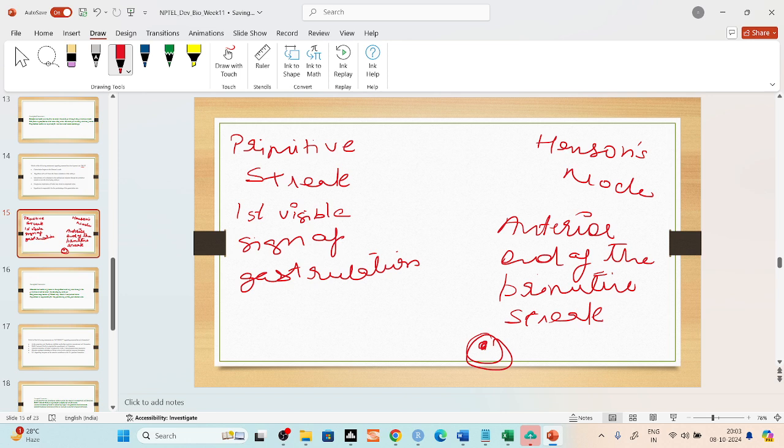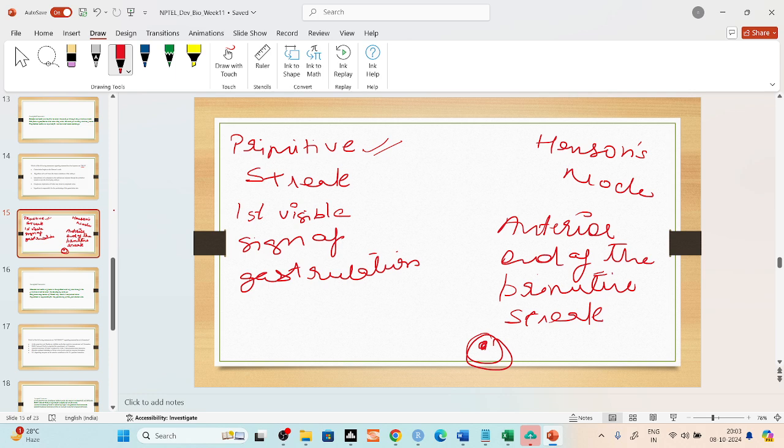So what you should understand is that as this primitive streak elongates, the migrating epiblast cells join this primitive streak, and therefore they form the primitive node. And this primitive node, which is nothing but your Hensen's node, becomes the primary tissue organizer, where transcription factors and chemical signaling drive the induction of tissue formation.